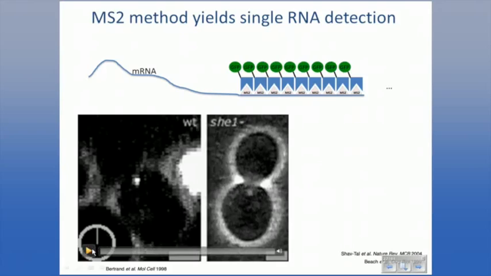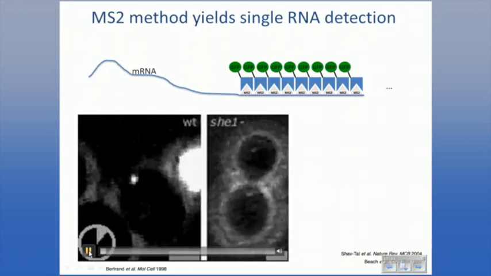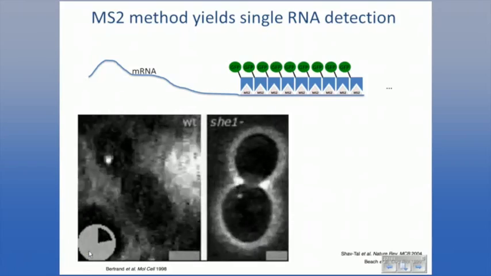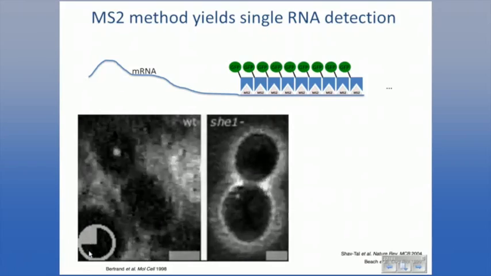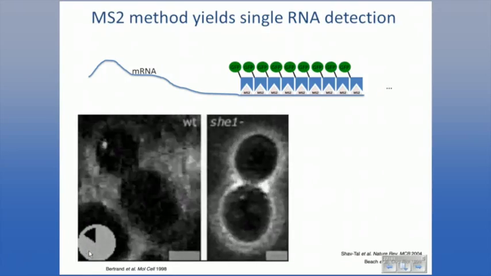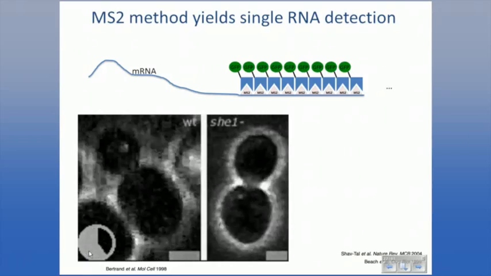And we can get that movie. So the spot that you see there is going to be the messenger RNA. This spot is moving around, and then you can see it eventually decide it's going to go through and go down to the daughter cell and hang out over there. That's the kind of experiment that would be really hard to do without live cell imaging.